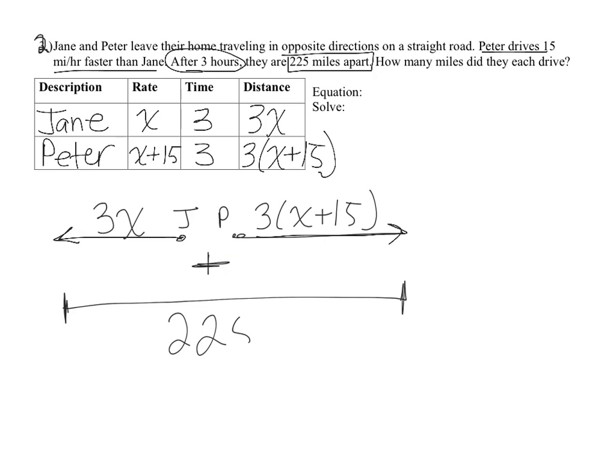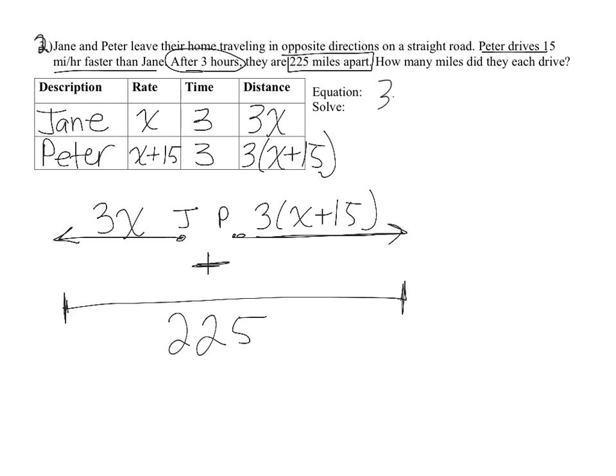So like they're going in opposite directions, and then they're driving away from each other, so their combined distance is 225. So in this particular case for the equation, their distances are not equal, right? If you think about it, Peter is going to cover more ground in 3 hours than Jane is because he's going faster, right? But we know that they're 225 miles apart, so we're going to add their distances together.